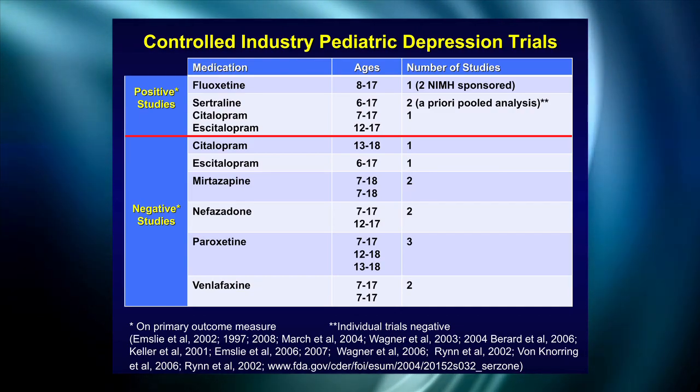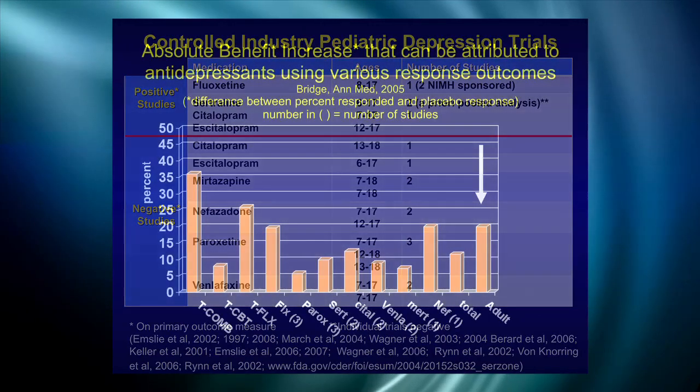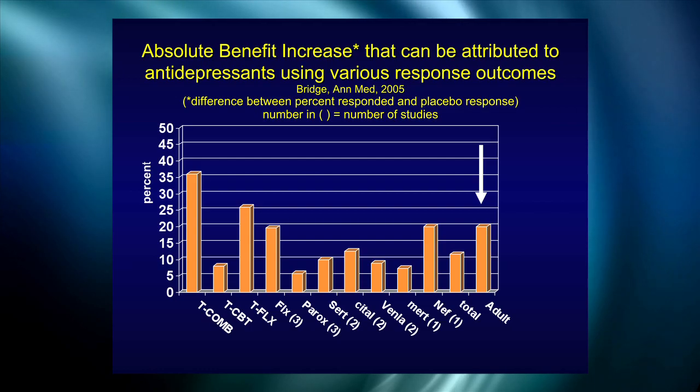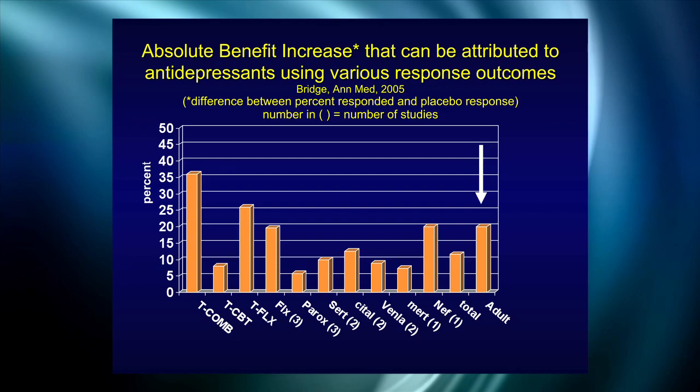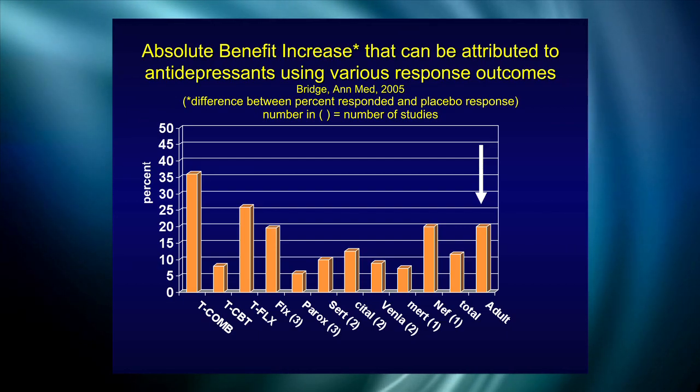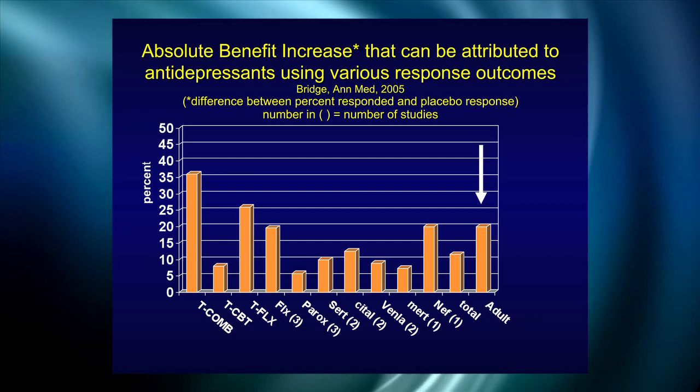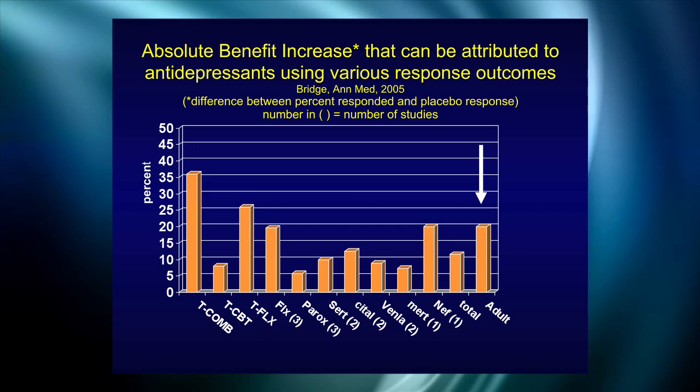But there have been a number of other studies that have not been very impressive at all. And if you look at the absolute treatment benefit, remember that's the one where you've got the drug response minus the placebo response, I found that this was kind of a way to look at a glance at how these things come out.